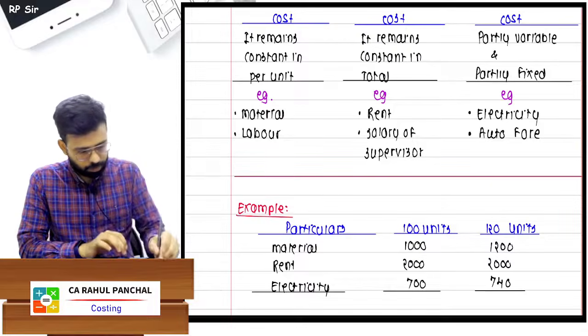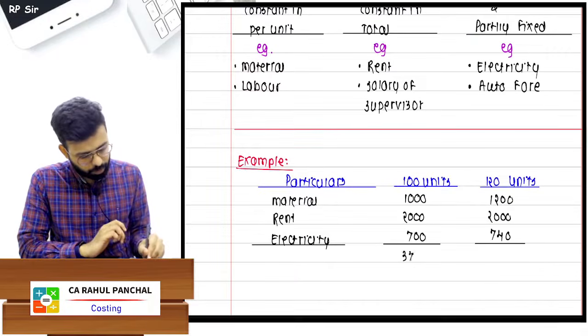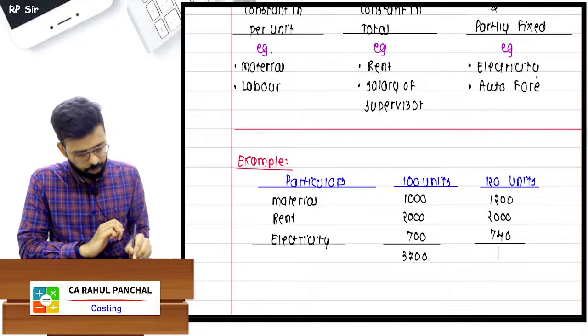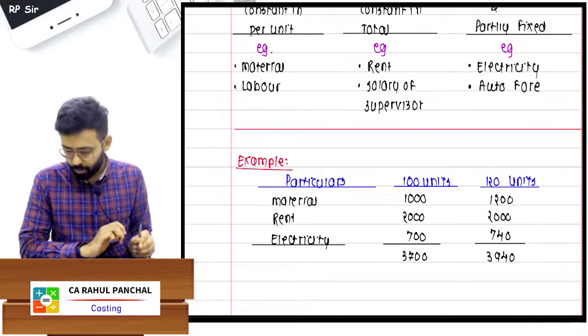Let's take the total. That comes to 3700 and 3940.